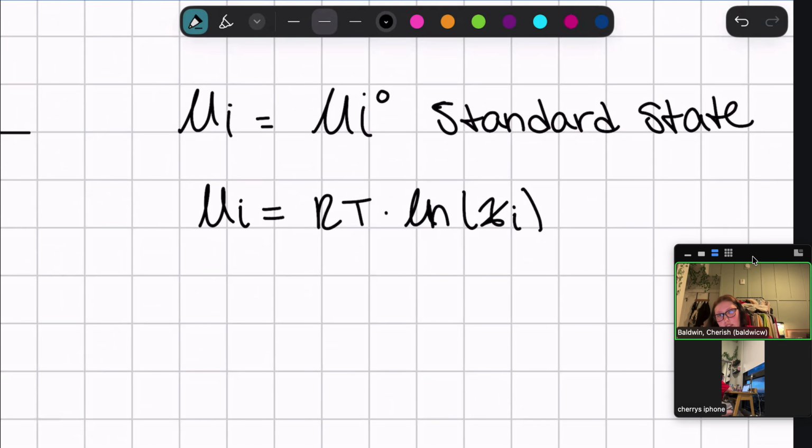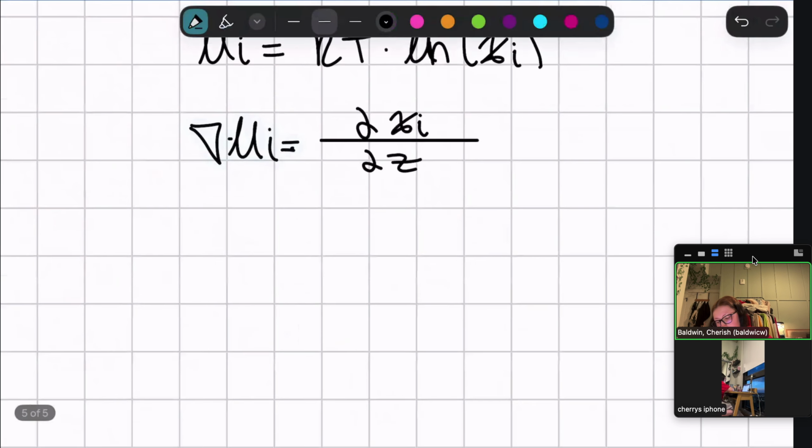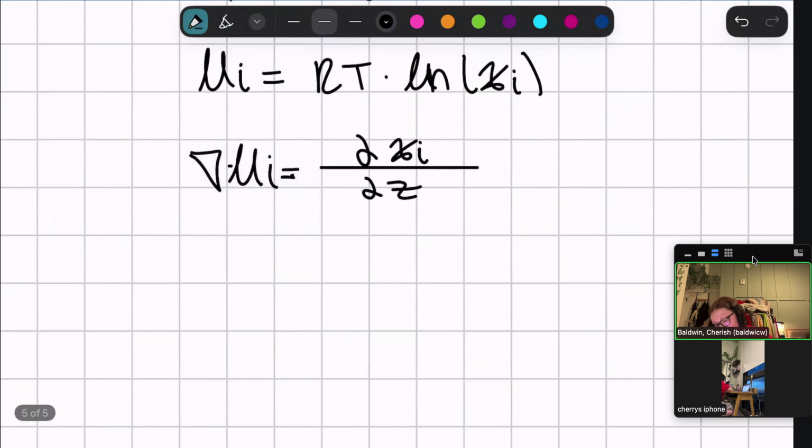And then we have to take the derivative of this. The derivative of the gradient is the mole fraction over position. So we'll substitute this in and take the derivative.